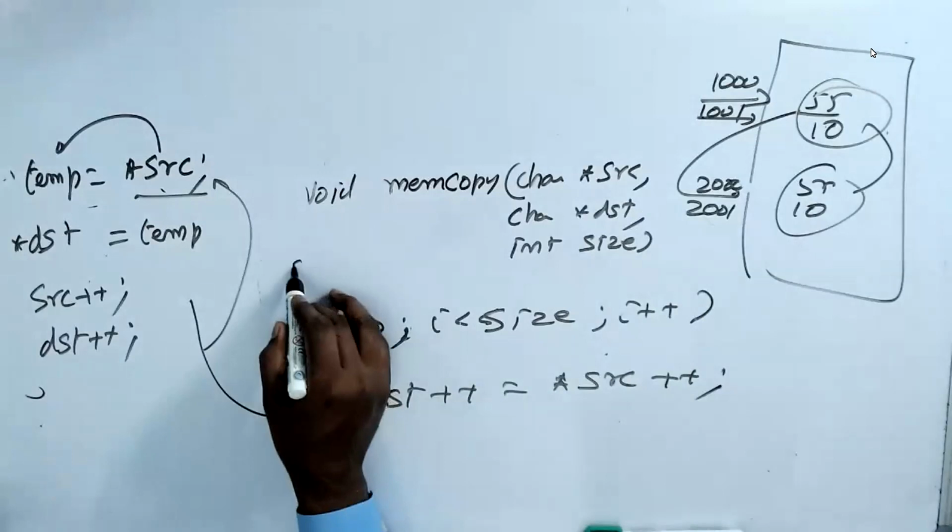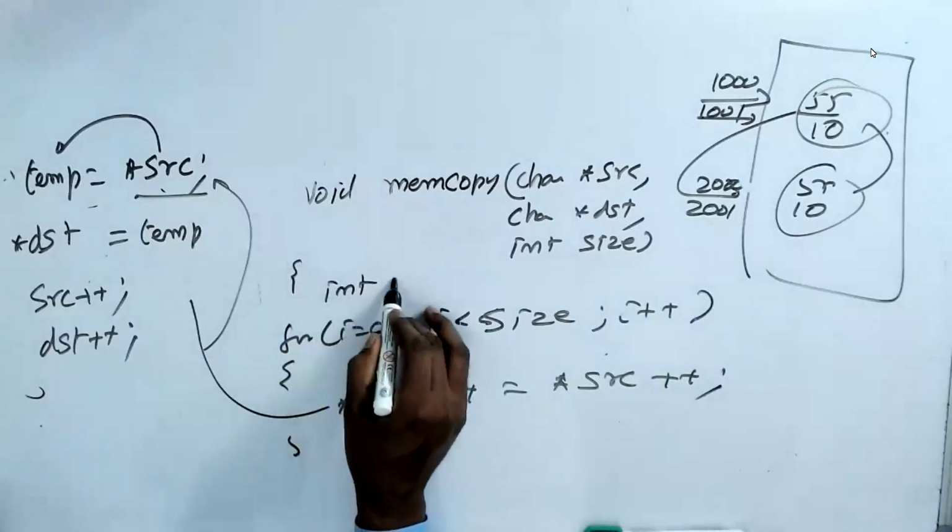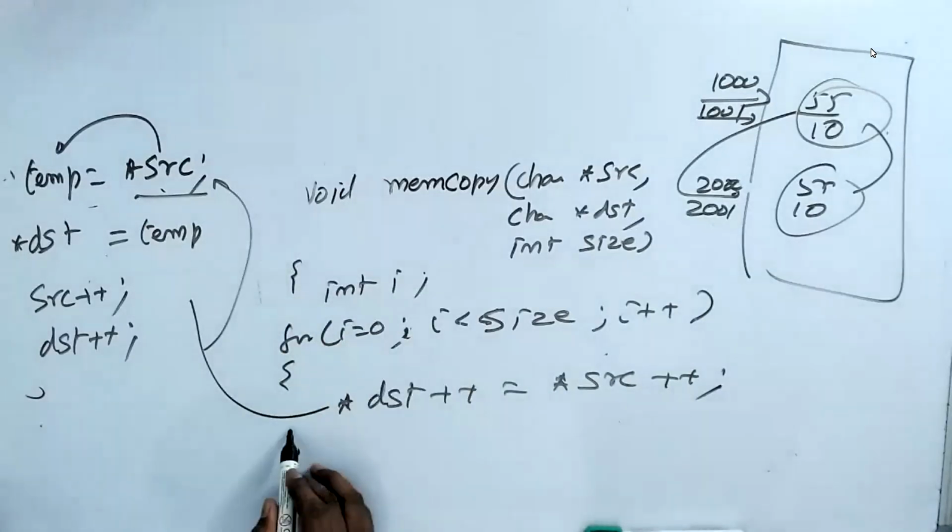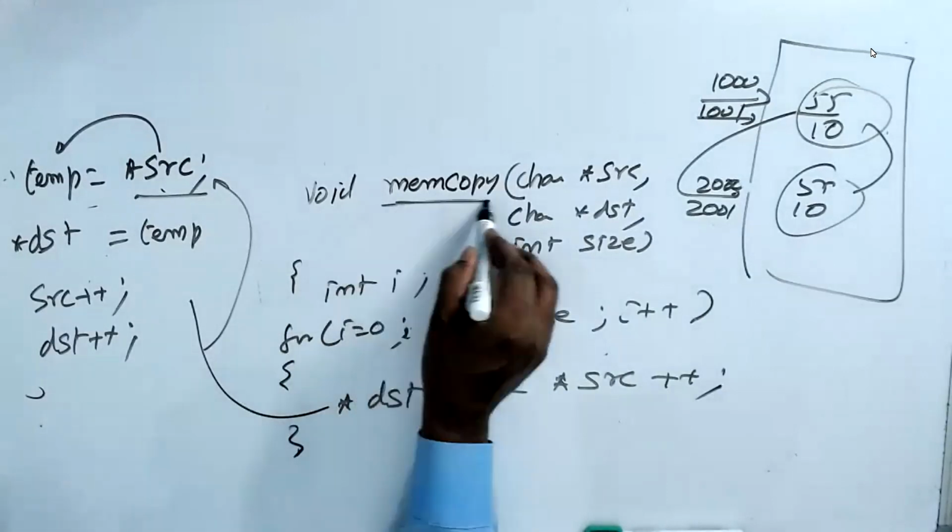And in this function, I'll declare int i, because I declare only that. See that? So I have a function called memcopy.